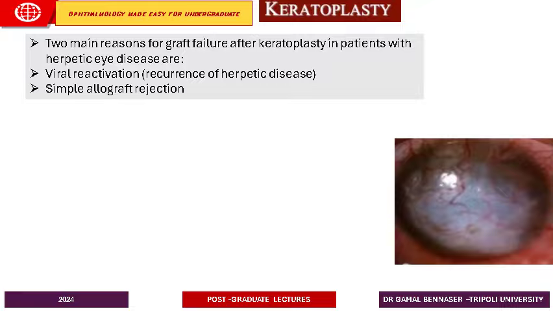And clinically, sometimes it is very difficult to determine the underlying cause of the failure of the graft, whether it is due to allograft rejection or due to reactivation of the herpetic eye disease itself.